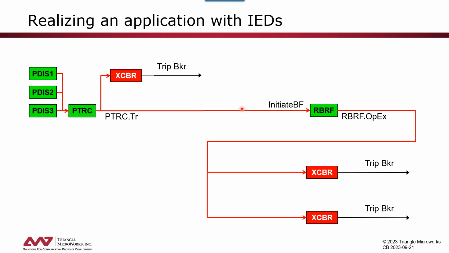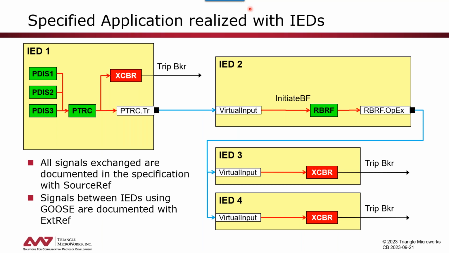When we now realize the application, then we have to associate IEDs. And what we now see is that signals that have before been flowing between IEDs are now going on virtual outputs and virtual inputs and are carried over with a GOOSE message. These signals are still internal.